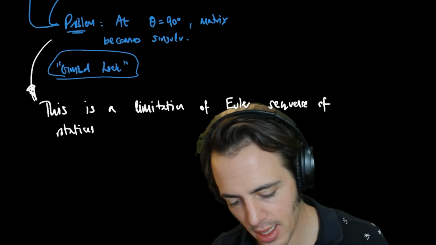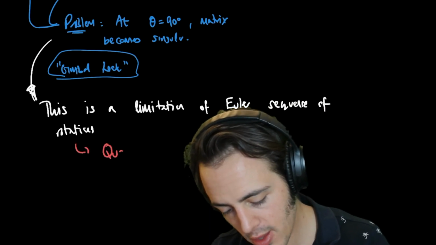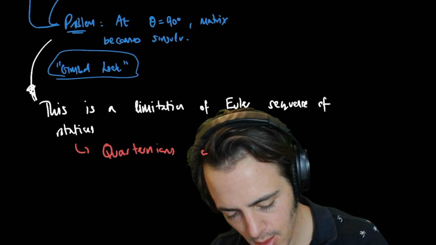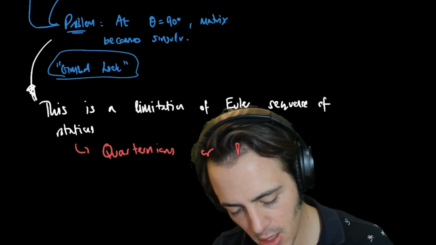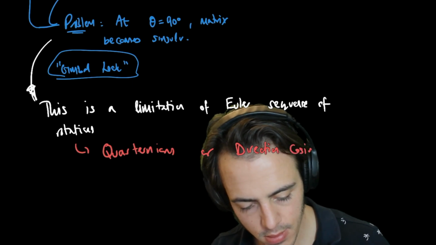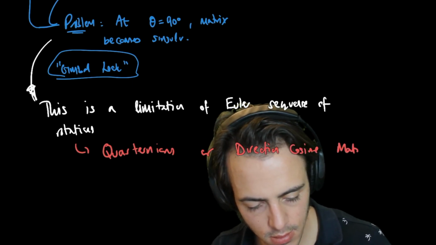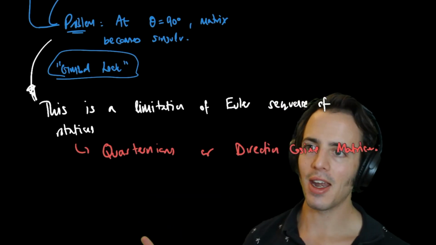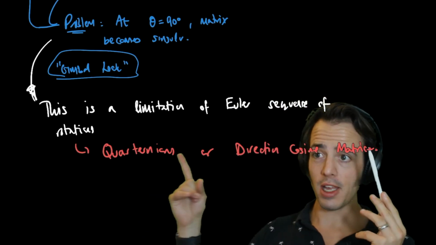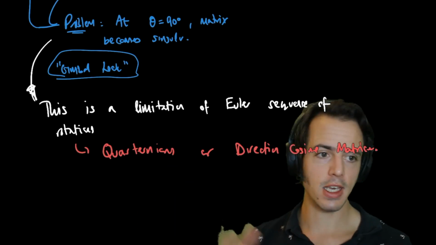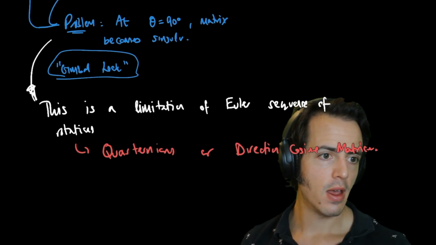Let's just remember that those are things like quaternion methods, or direction cosine matrices. Again, this course isn't designed to give you everything you need for flight mechanics, so I'm not going to teach you these two things, but you now know that those are different things that you would need to use where you've got limitations.